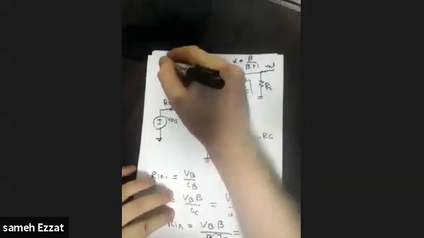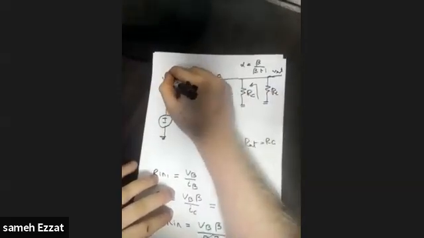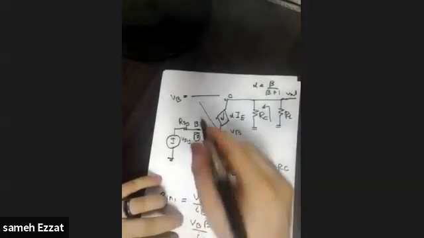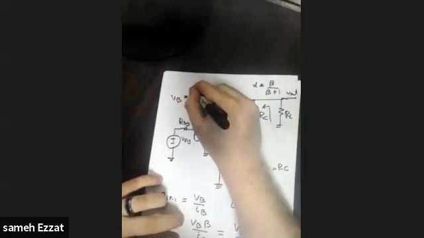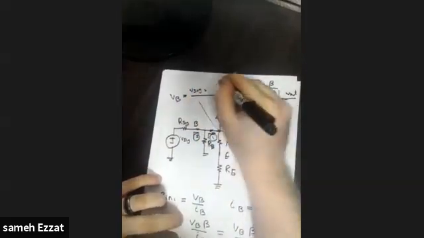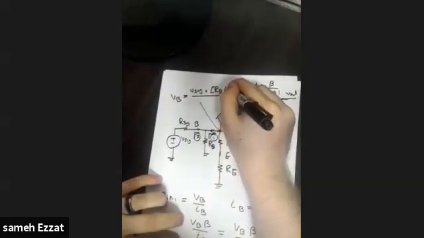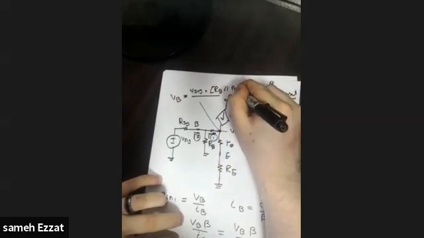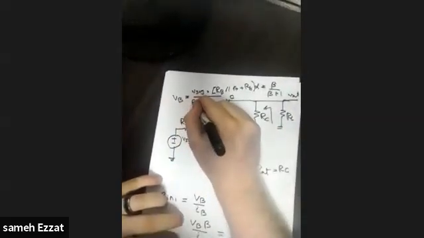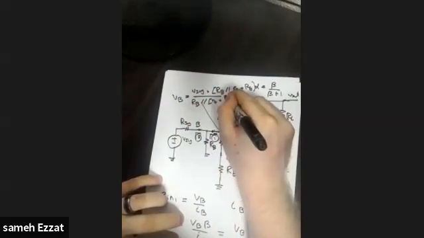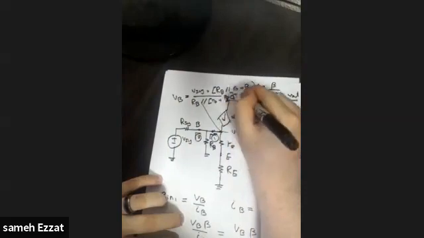So VP equals V swing times this equivalent, which is RB parallel with re plus RE, over the summation of this resistance, which is RB parallel with re plus RE, plus R swing.